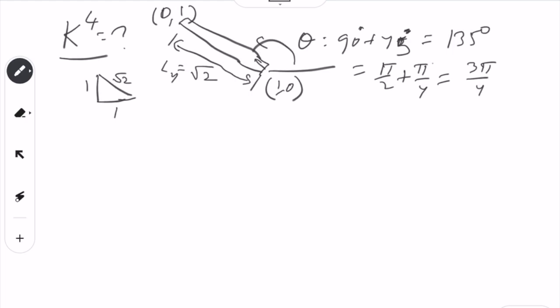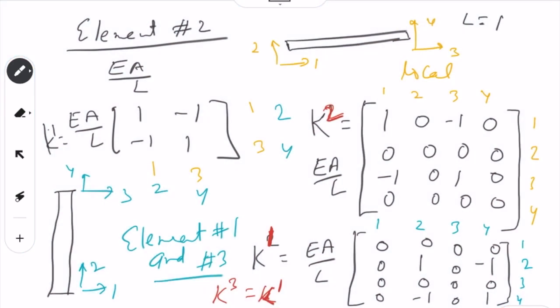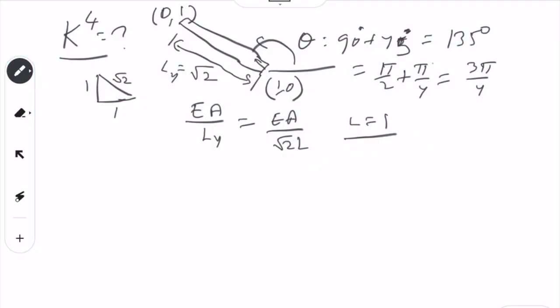First we have to write the stiffness. The stiffness will be simply EA over L4, right. So L4 is nothing but root 2 L, where L equals 1. We used L equal to 1 earlier, so I am retaining the same thing here.